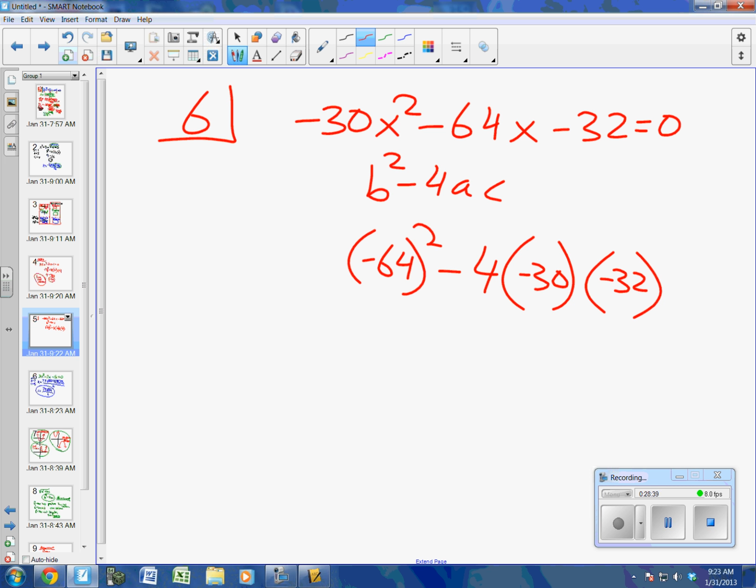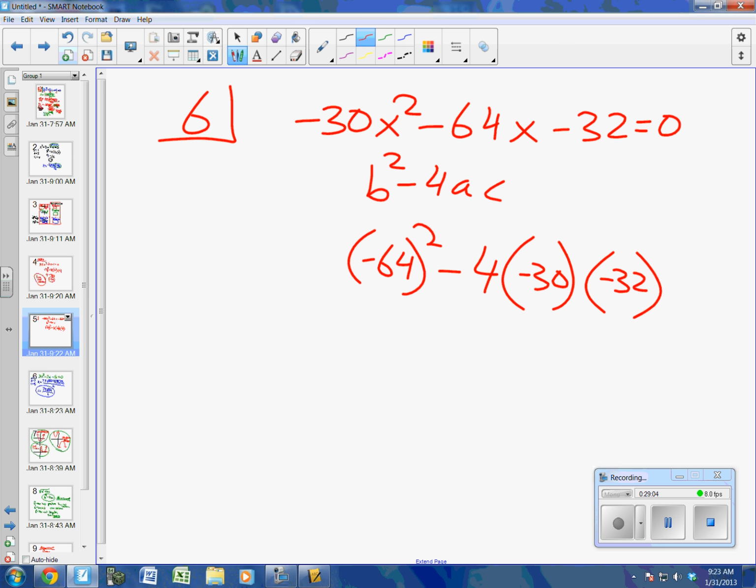I would have everybody type it in your calculator to see if you get the same answer. What'd you say? 3,800 and what? Was it positive? I was thinking it should be a negative number, but I could be wrong.